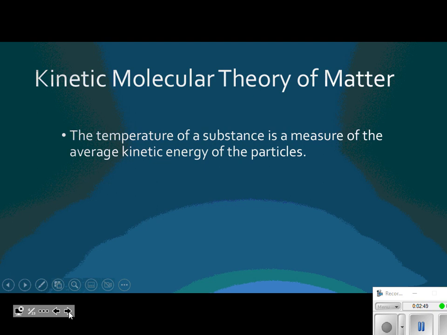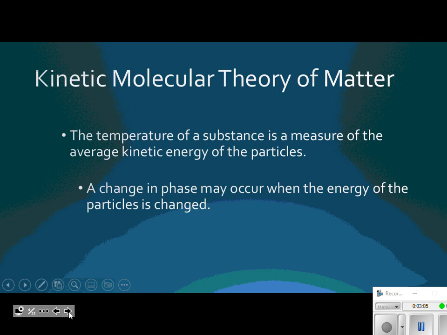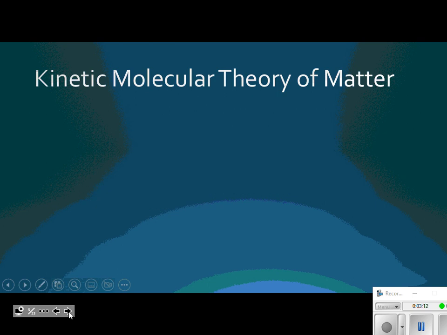Therefore, we get the solid, liquid, and the gas. Obviously, doesn't steam, which is water vapor, have a little bit higher temperature than what ice does, which is a solid? A change in phase may occur when the energy of the particles is changed.